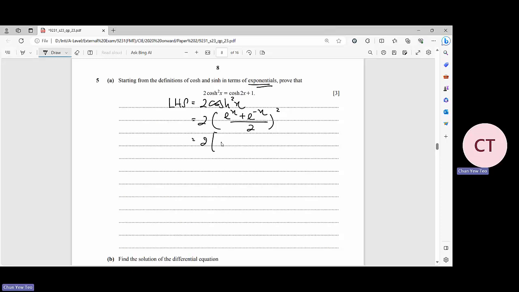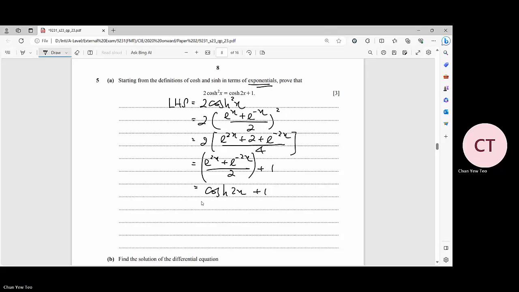If you square it, you get e power 2x plus 2 plus e power negative 2x, divided by 4. From here, you can see that you have e power 2x plus e power negative 2x over 2, plus 1. So this term over here is actually cosh 2x plus 1. So this is your right hand side proven.